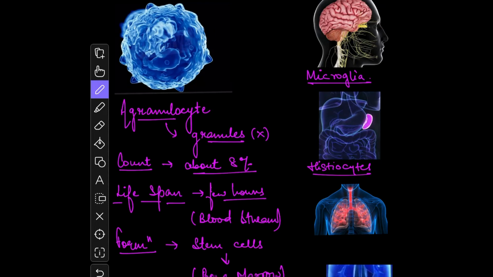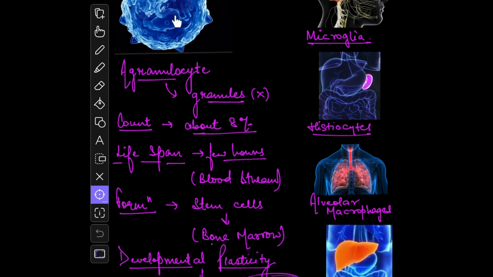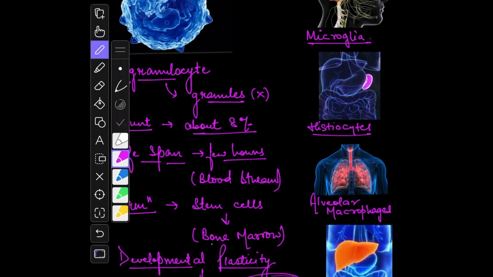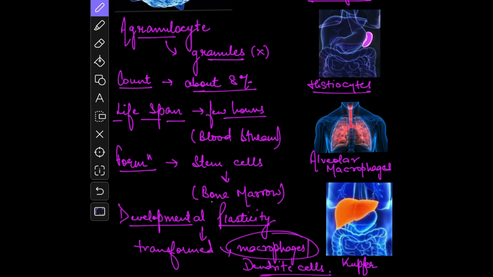And if these monocytes enter into the alveoli of the lungs, then they are said to be alveolar macrophages. If these monocytes find a destination in the liver inside the human body, then they are said to be Kupffer cells.